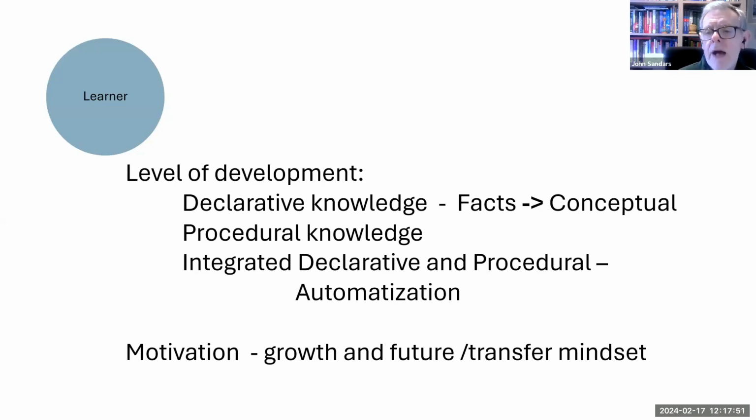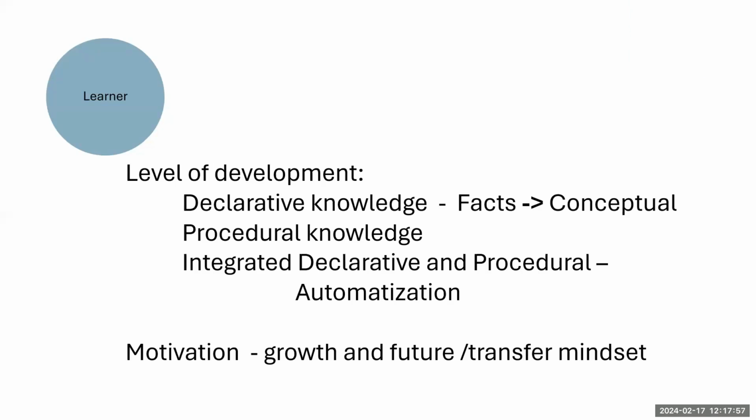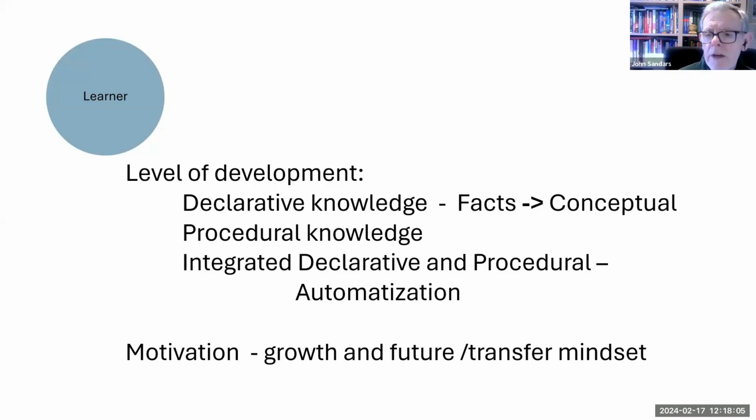We need to know how many compressions we should be doing, the rate of the compressions. But importantly, these facts for the more complicated aspects, such as how to diagnose diabetes or renal failure, or the differential diagnosis of hemolytic anemia, we need to have good conceptual understanding.